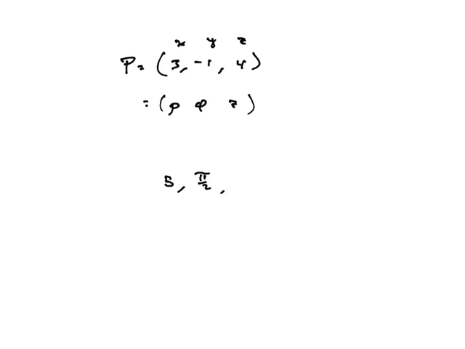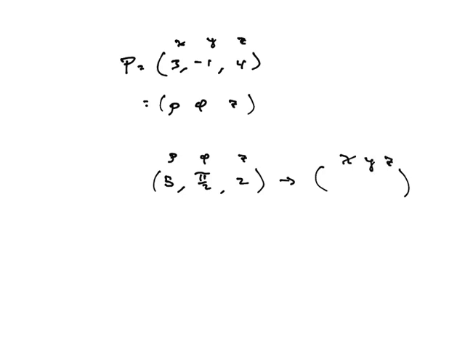As I said, you should be able to do things like: point P is (3, -1, 4) in x, y, z. Tell me what it is in rho, phi, z. Or it's (5, pi/2, 2) in rho, phi, z coordinates, and I want you to tell me what it is in x, y, z.